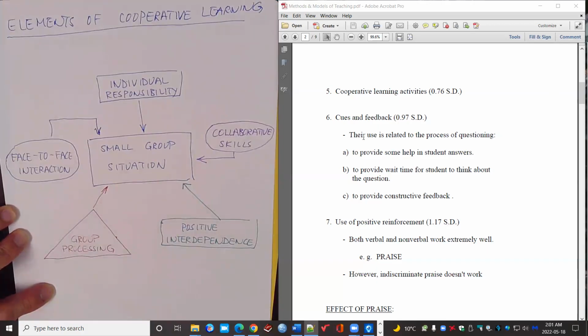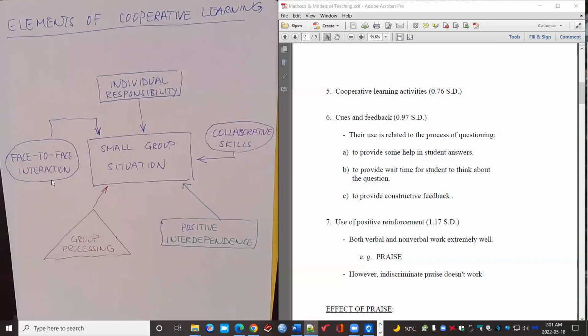So it is positive interdependence. Group processing. That is to say, it is a group-centered approach, but then everyone participates.